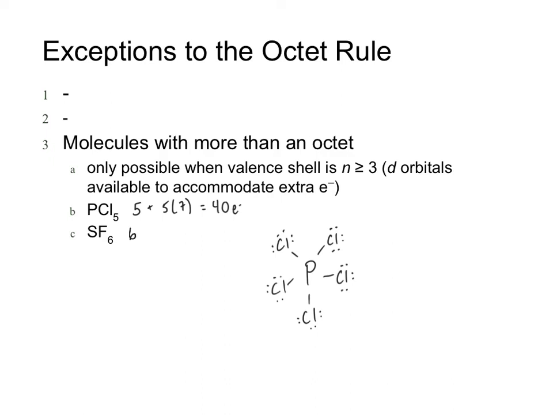Sulfur is going to come with its 6 valence electrons. Fluorine is going to come with its 7 valence electrons, for a total of 48 electrons around sulfur hexafluoride. And so we're going to start with sulfur as our central atom, and we're then going to place 6 fluorine atoms around sulfur.